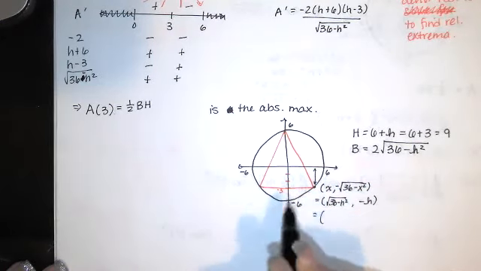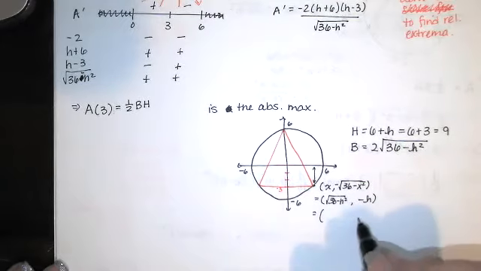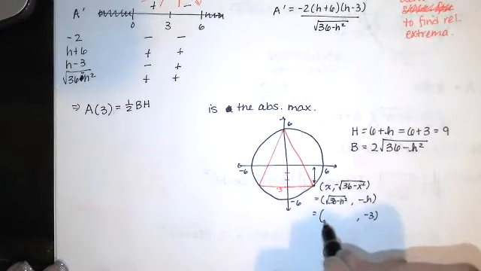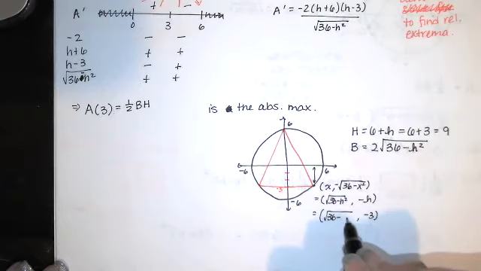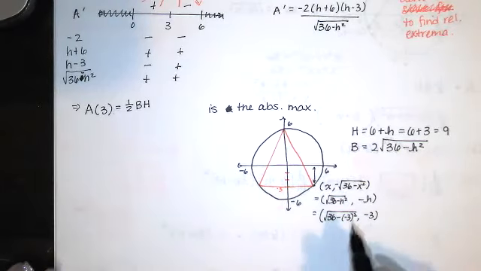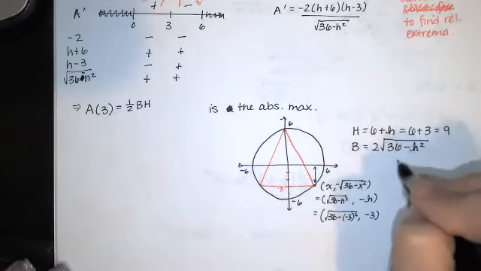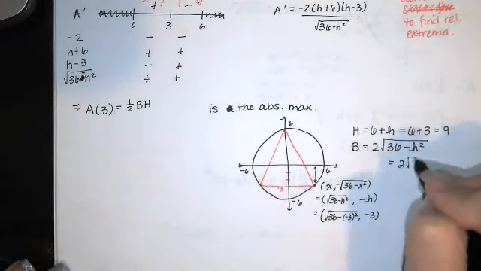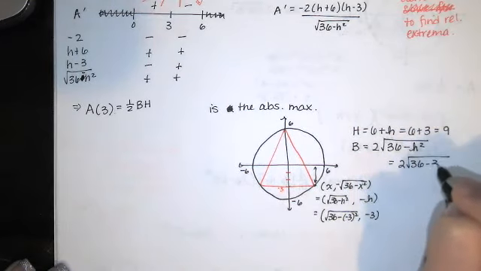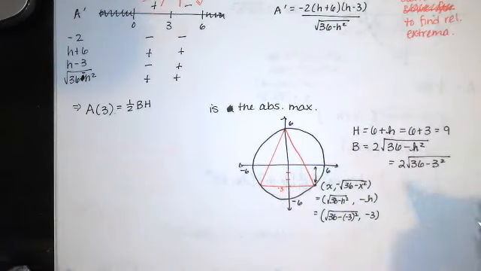So when h is 3, y will be negative 3. And the x value will be the square root of 36 minus negative 3 squared, which is the same thing we get when we just substitute in h equals 3 here.